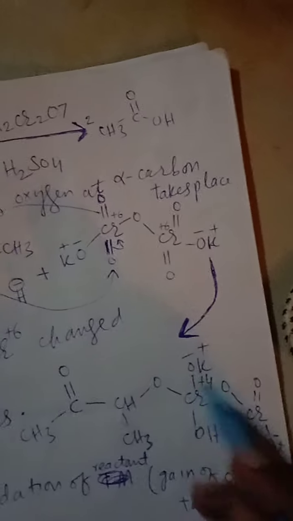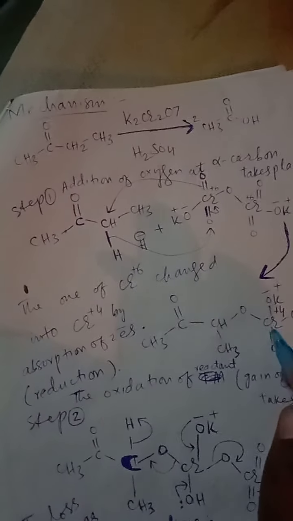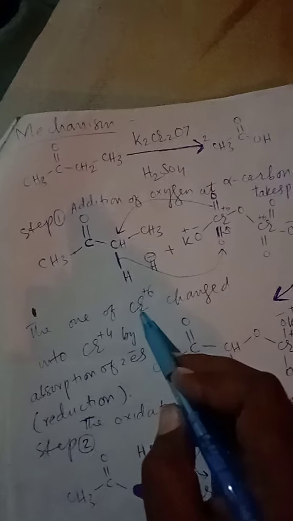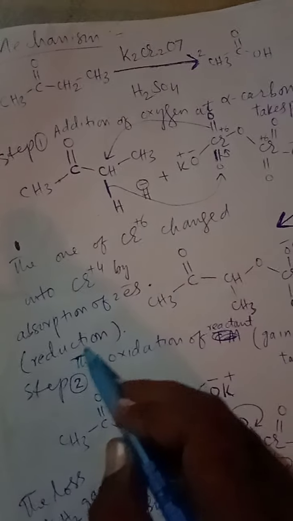It means a reduction of the chromium ion takes place. This is the addition product. The Cr+6 changed into Cr+4 by absorption of 2 electrons. It means reduction takes place.